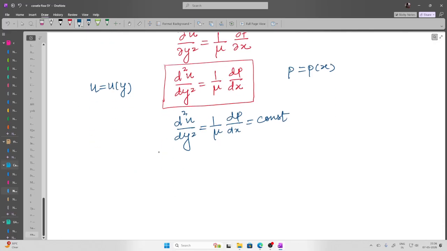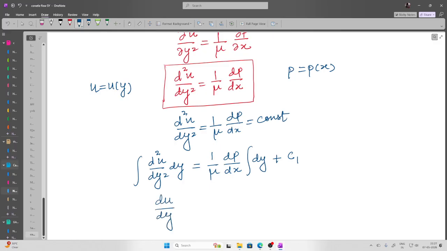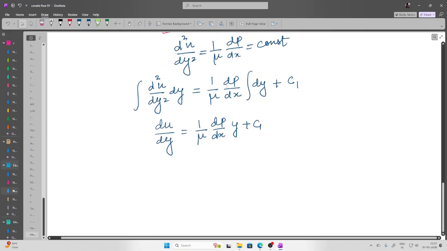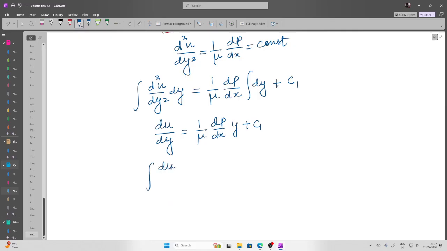Now if you try to solve this differential equation, you just integrate it. So integral of d2u by dy2 dy is equal to 1 by mu dp by dx. Now this is a constant. So dy, then a constant of integration will come, let's say c1. So what will happen to this? This will simply become du by dy is 1 by mu dp by dx, and this is what? Y. Again, if you try to solve this, integrating du by dy with respect to y is 1 by mu dp by dx.